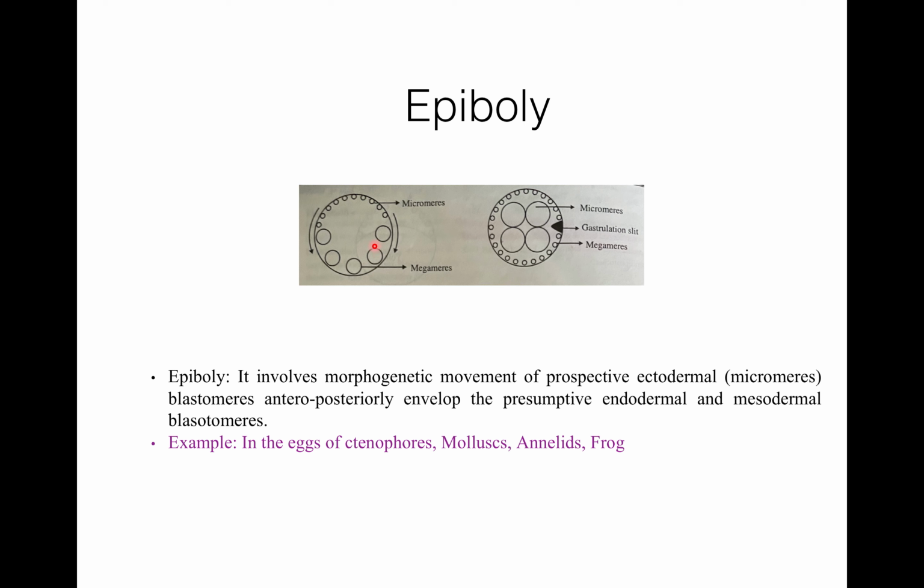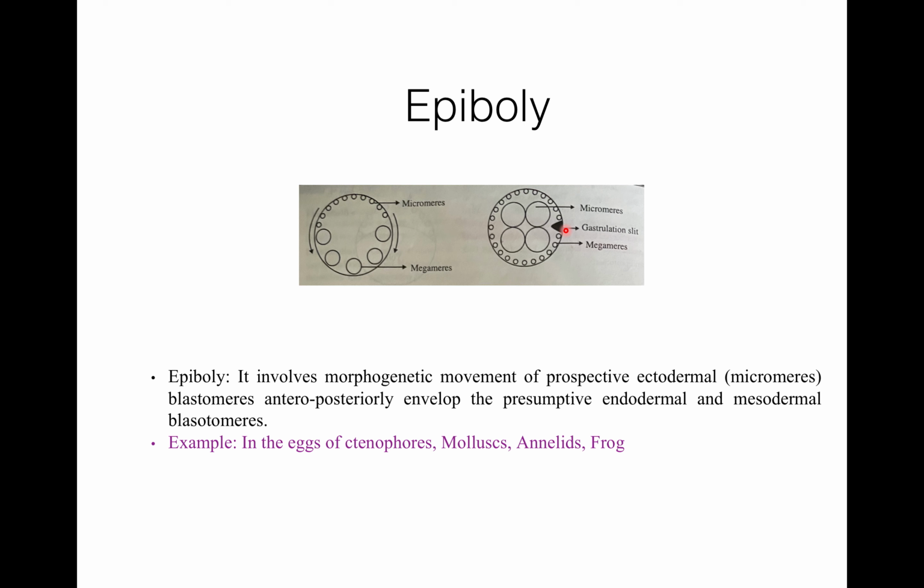So it involves stretching and spreading movement of micromeres, and they form a layer around the embryo. Here you can see there is a layer of micromeres, but there is an aperture, meaning epiboly causes stretching and spreading movement of micromeres which form a layer around the embryo except one end where an aperture called blastopore is formed. So in epiboly there is a migration and rearrangement of micromeres.